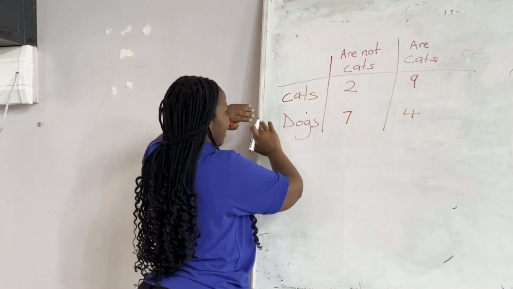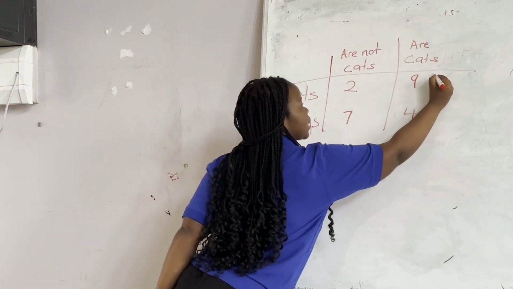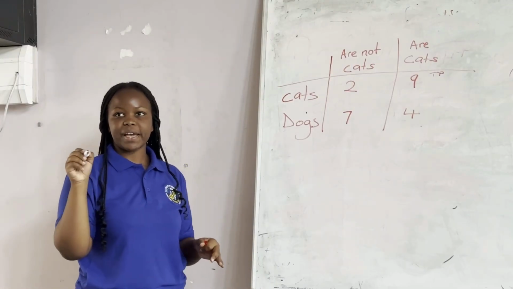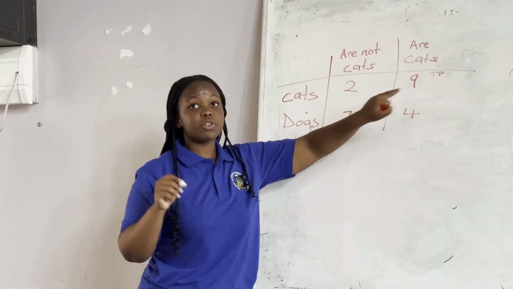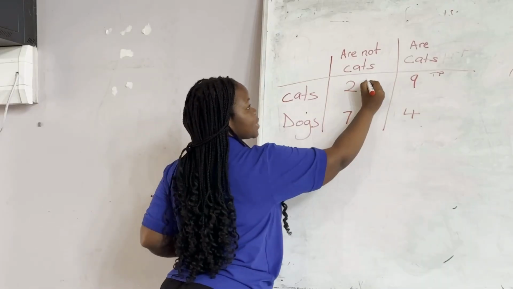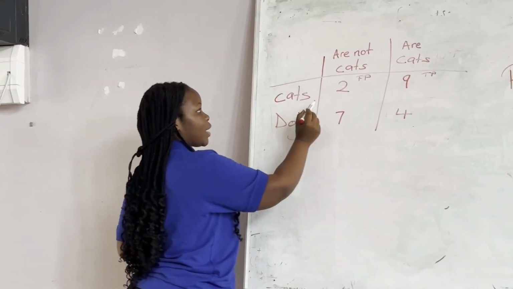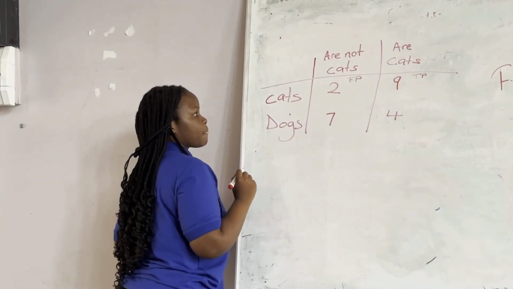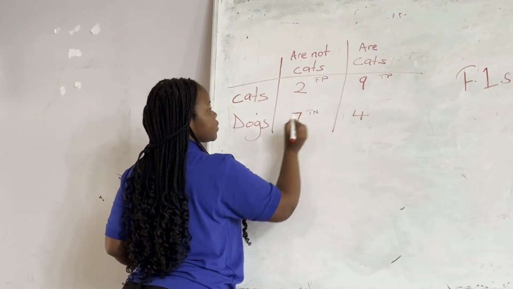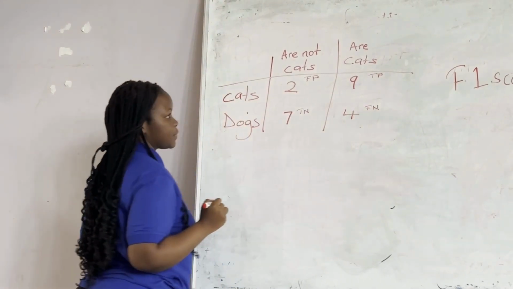So if we are finding classification for cats, these are our positives. So this becomes the true positive, because we're trying to identify cats, and these were truly cats and they were identified as cats. Yeah? So it's a true positive. This becomes a false positive. We're looking for cats, but these were wrongly classified. This then becomes a true negative and a false negative.